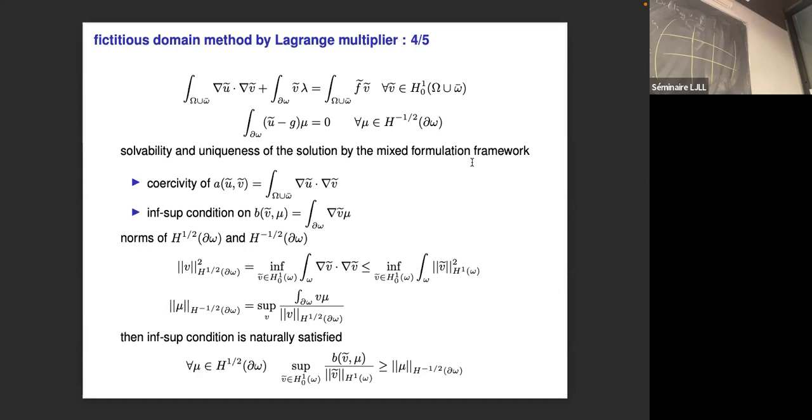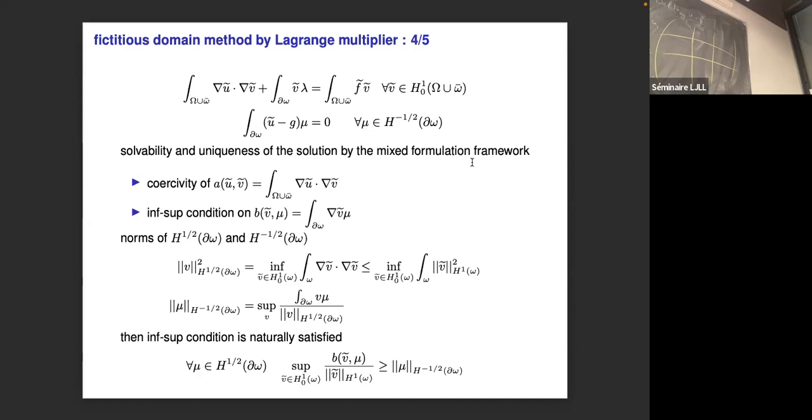But in this case, the integration is just this, so it is very easy to verify. This is the standard definition with H to the minus half. So in the continuous case, there are no difficulties.